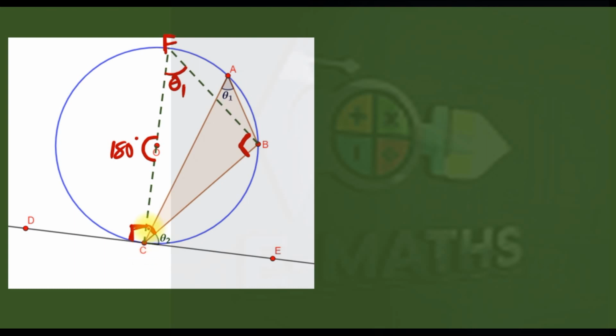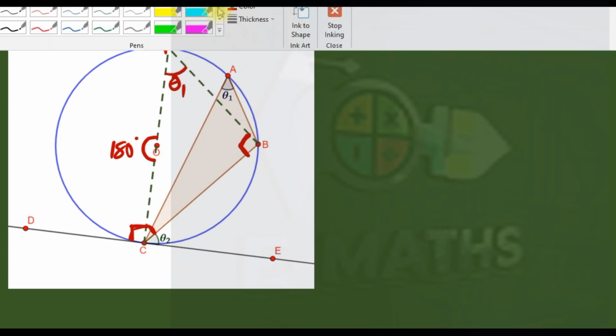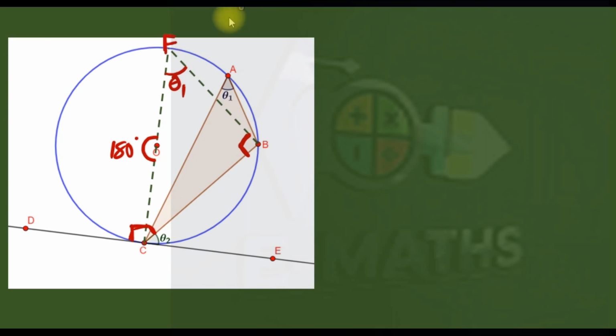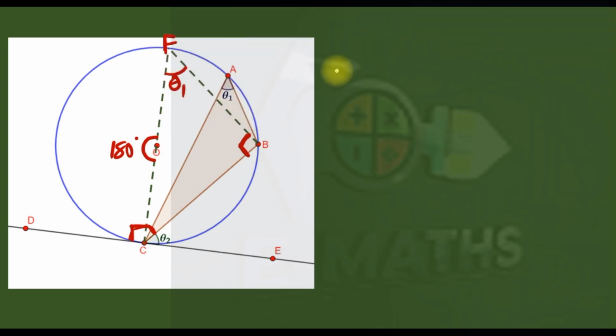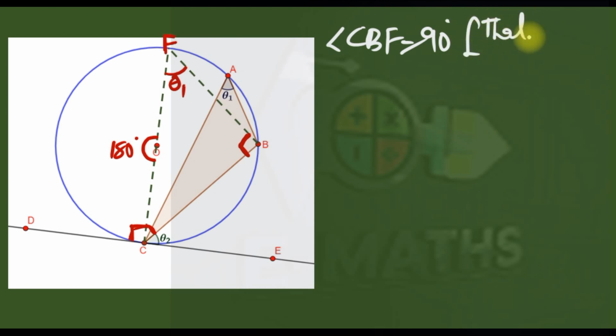So our idea is to get angle FCB. Let me write what I have said. The first thing, we see that angle CBF is 90 degrees by Thales theorem.